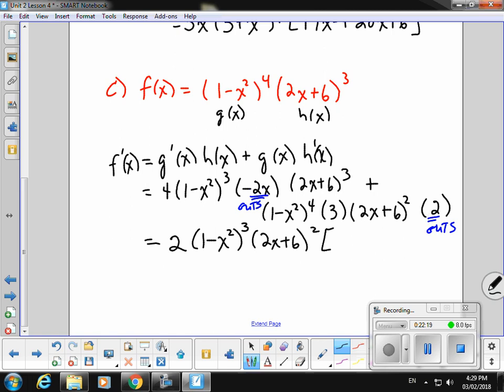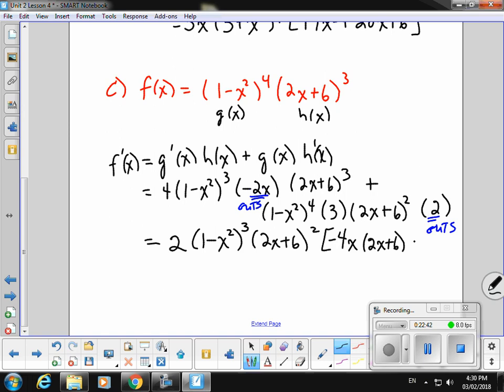Okay, now I square bracket. For my first term, I have a 2 out there, but I am missing a negative and a 4 and an x. I already have the 1 minus x squareds taken care of. I have 2 of the 2x plus 6's, but I need a third one. Okay, that's the first half.